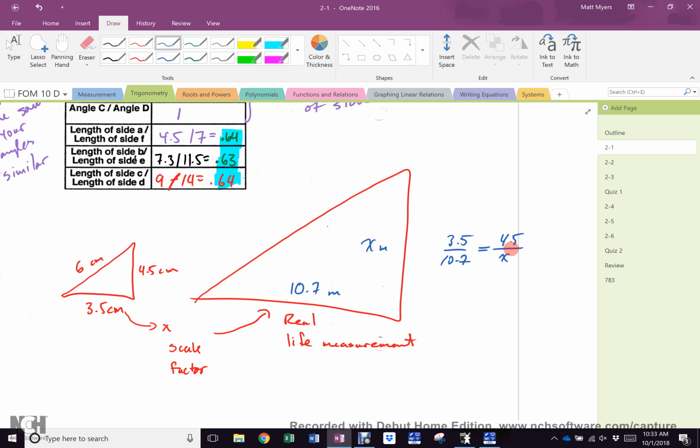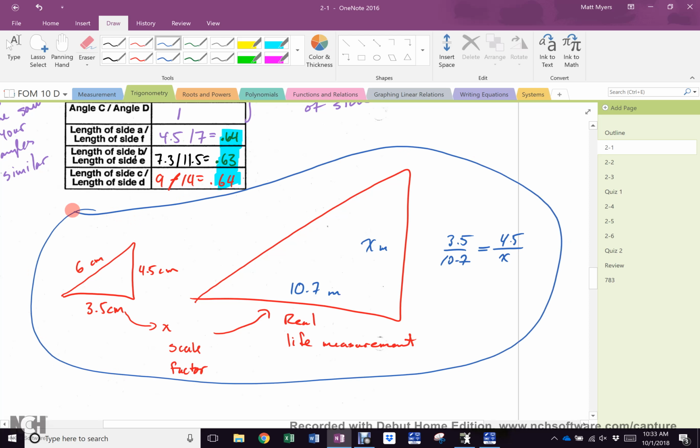Now, to do trig, you have to understand how we label triangles. Capital letters, small letters. You have to understand what opposite means. And you have to understand this concept. You don't have to know how to do it to do trig, if you forget. But you have to understand the concept.